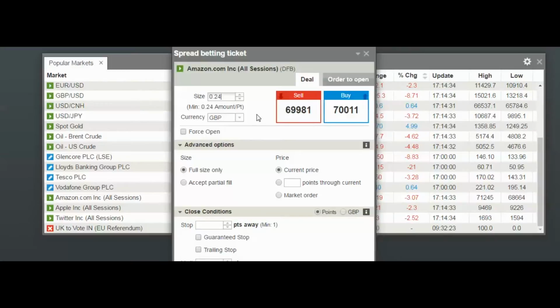So you have to be very careful if you're trading a stock such as Amazon, where the price is $700 a share, but from a spread betting perspective, the number is still 70,000 or 69,000 or 50,000, whatever it comes to, the number is still very, very high.